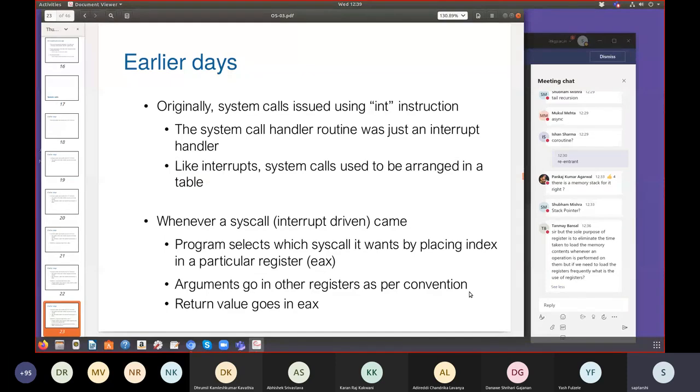By the way, is this a concept which is known? If you think of assembly language code, when one function calls another, there is a convention: the arguments go in particular registers. Then there is a jump instruction to the called function, and that function puts the return values in some designated registers, so that when control comes back to the calling function, it knows where to find the return values.